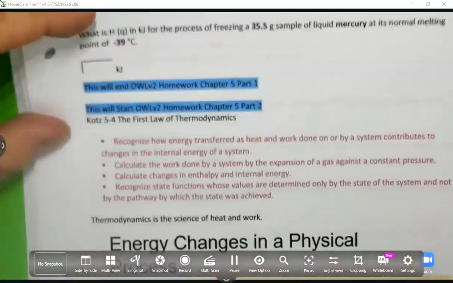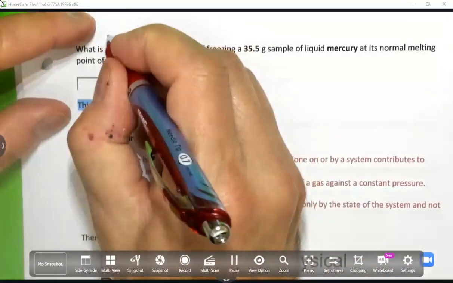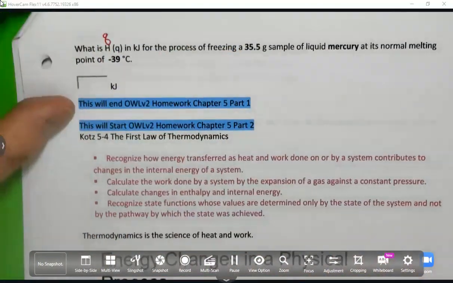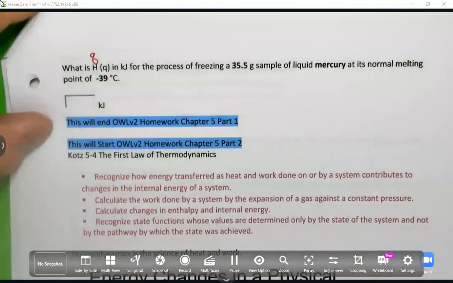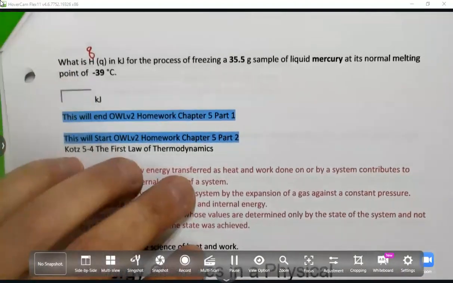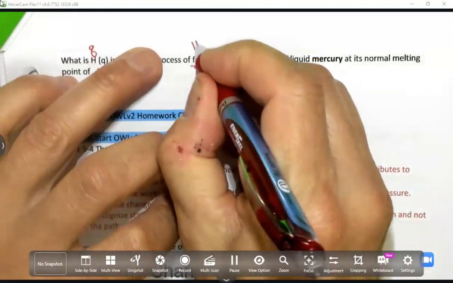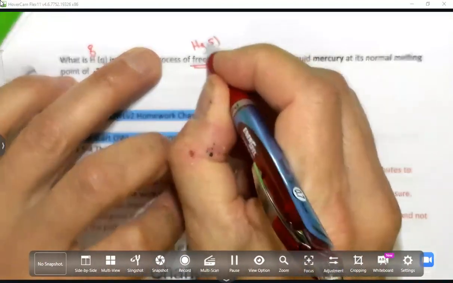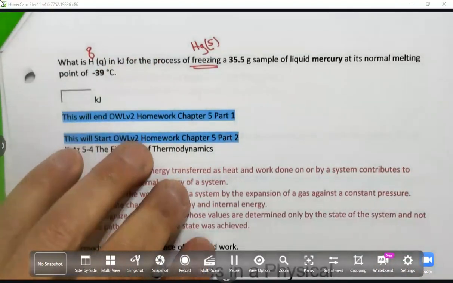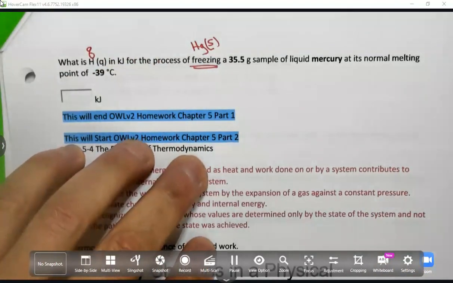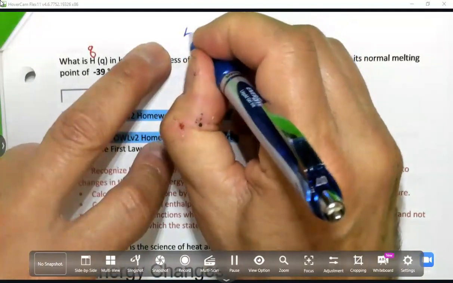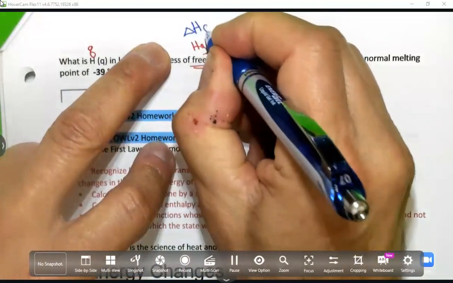What is ΔH, in kilojoules, for the process of freezing? You want to get mercury as a solid, right? And if you're freezing, when you see that word, you're talking the enthalpy of fusion.